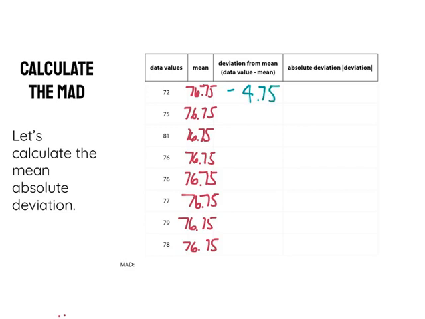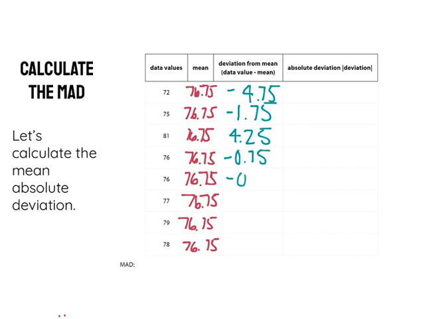I'm going to do the same thing, 75 minus 76.75. I get negative 1.75. And then 81 minus 76.75, I get 4.25. 76 minus 76.75, I get negative 0.75.